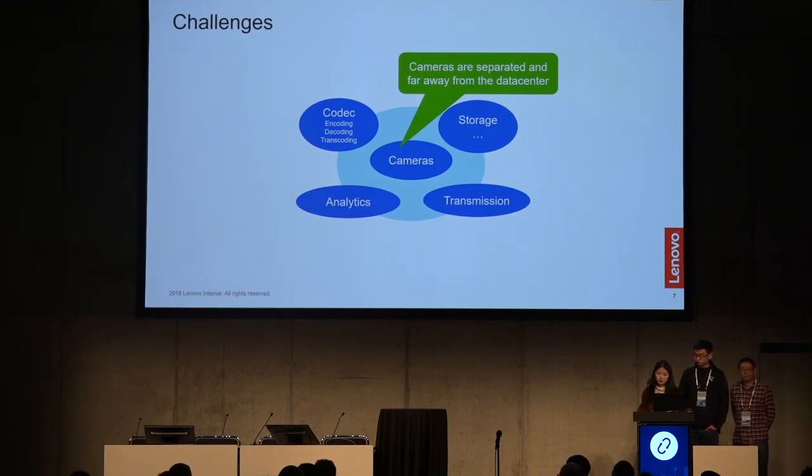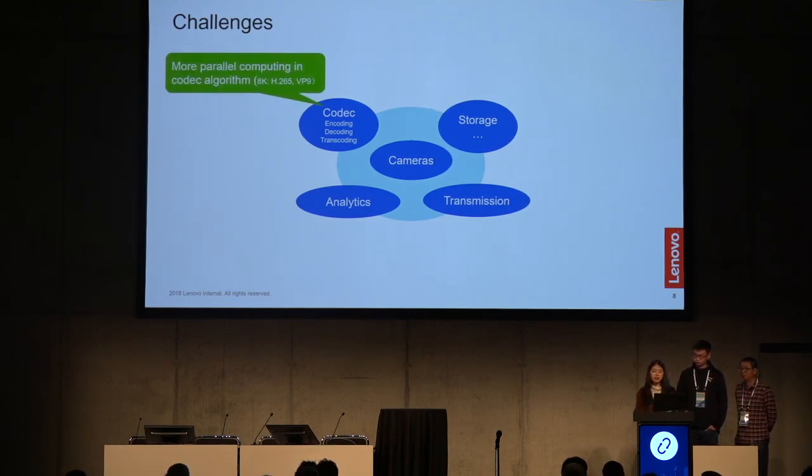The first challenge is the difficulty of managing the cameras in the coming smart city era, because most of the cameras will be placed separately and far away from the data center. Statistics from NVIDIA show that there will be 1 billion cameras worldwide by 2020.